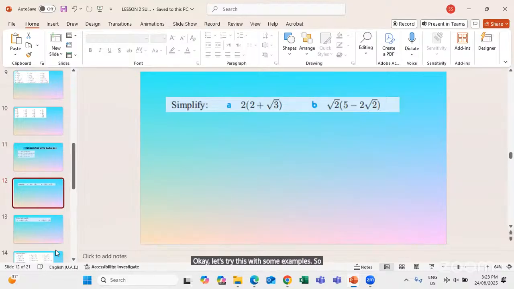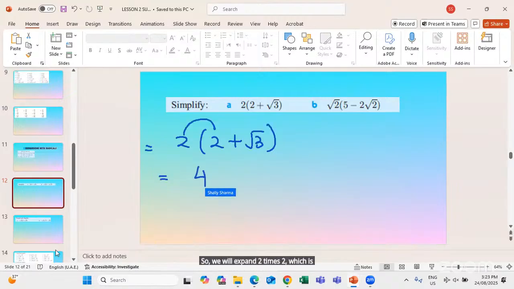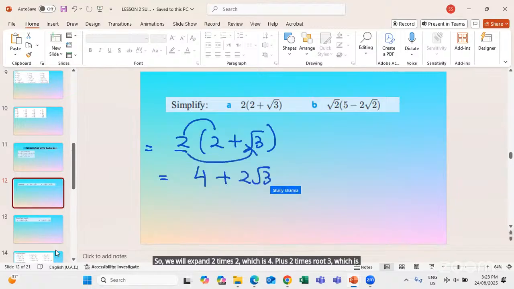You have 2 times 2 plus root 3. We expand: 2 times 2 is 4, plus 2 times root 3, which is 2 root 3. Now you have to see, can you simplify it further? No. So we stop here.